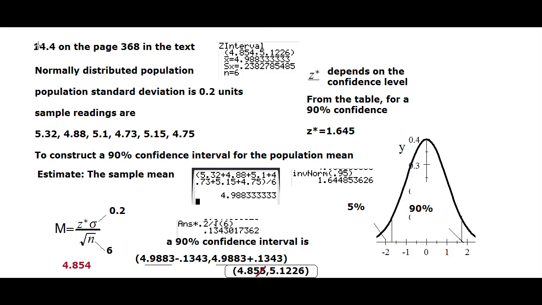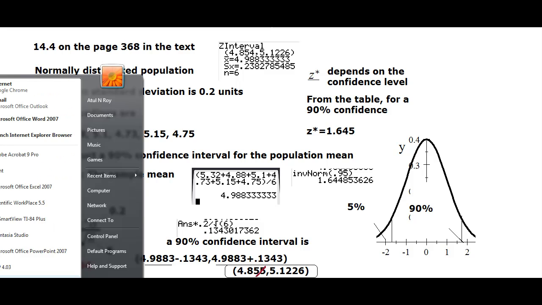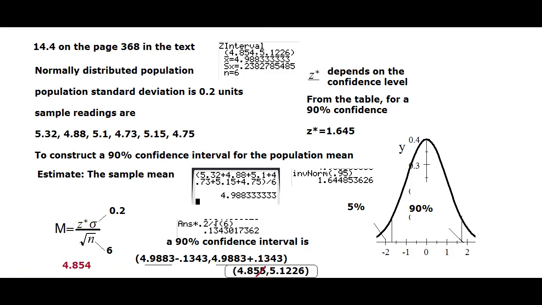It might miss it sometimes, but if we followed this procedure, 90% of the intervals created in this manner will contain the true population mean. Everybody clear? Okay, let me just show you a demo for this, so here, that's how this behaves.